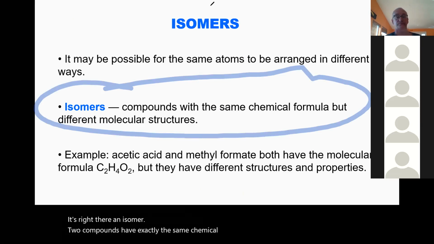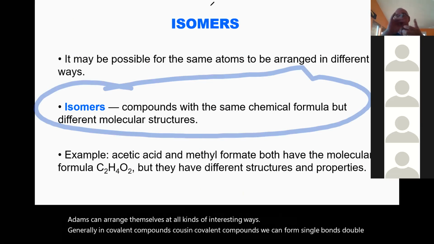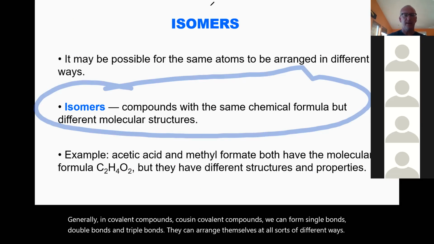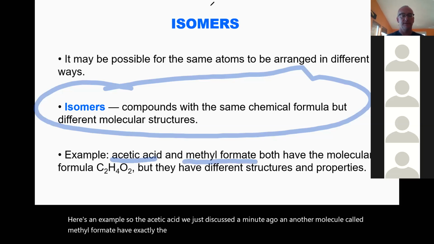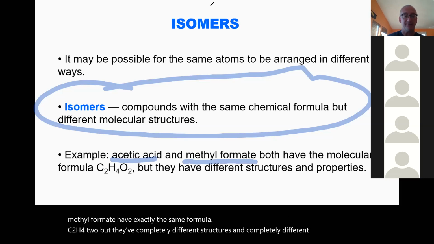As we know, atoms can arrange themselves in all kinds of interesting ways, generally in covalent compounds, because in covalent compounds we can form single bonds, double bonds, and triple bonds. They can arrange themselves in all sorts of different ways. Like here's an example. The acetic acid we just discussed a minute ago, and another molecule called methyl formate have exactly the same formula, C2H4O2. But they have completely different structures and completely different properties because they're put together differently.